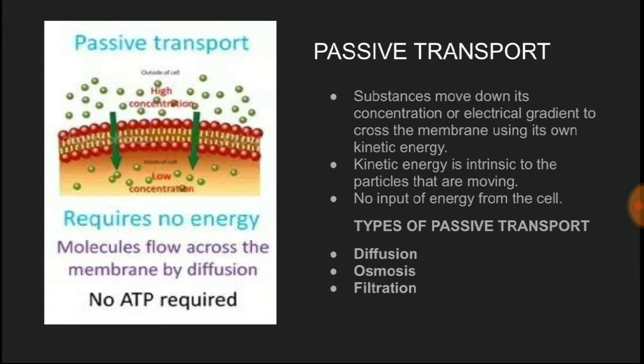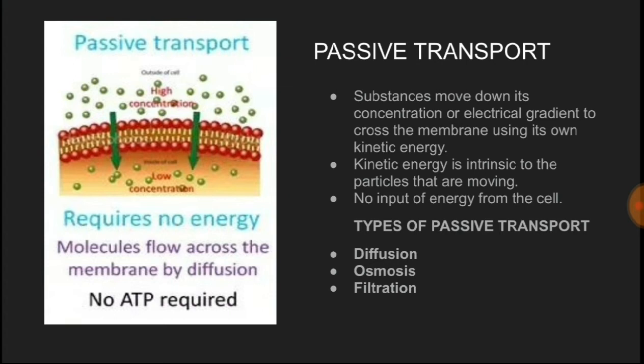Passive transport requires no energy and the molecules flow across the membrane by diffusion. There is no ATP required. So what is ATP? It is adenosine triphosphate, or the energy molecule. In passive transport, the substance is moved down its concentration or electrical gradient to cross the membrane using its own kinetic energy.